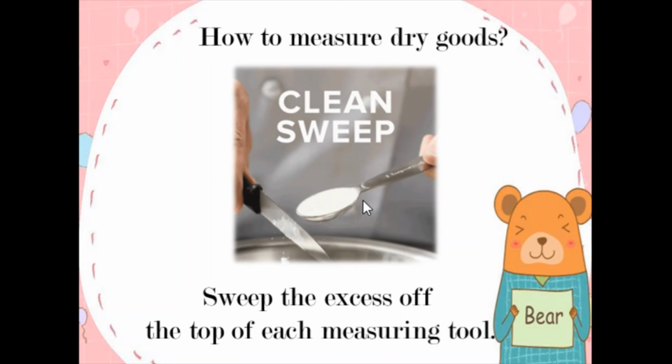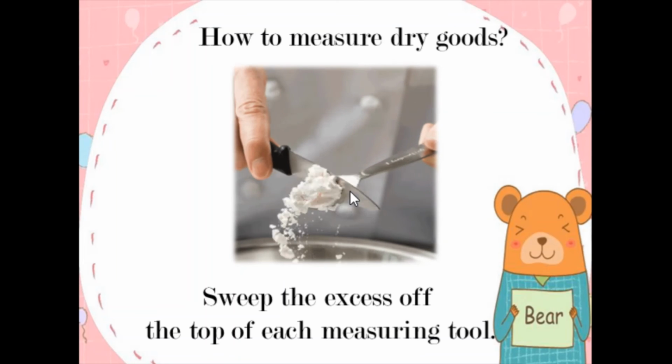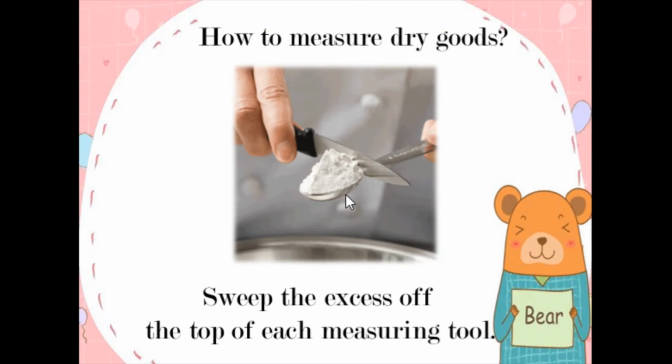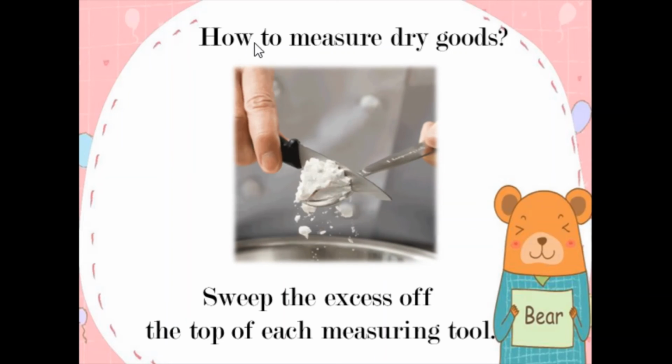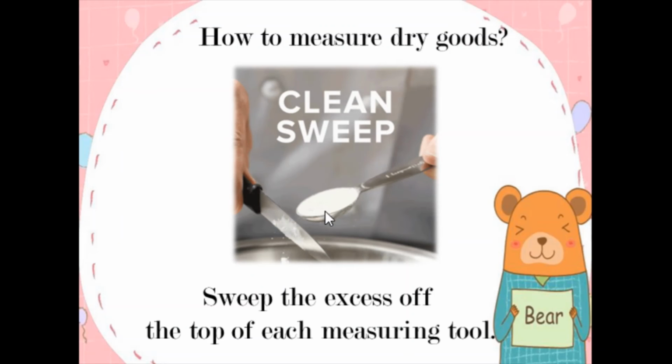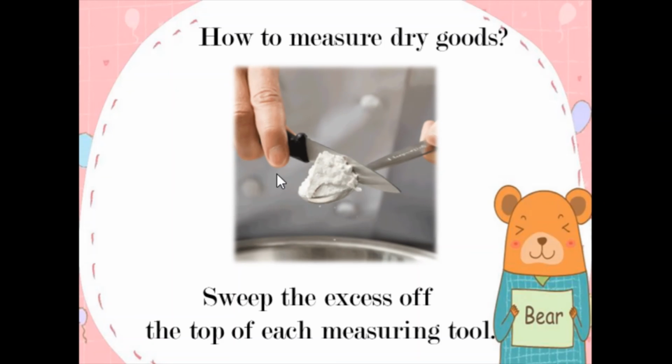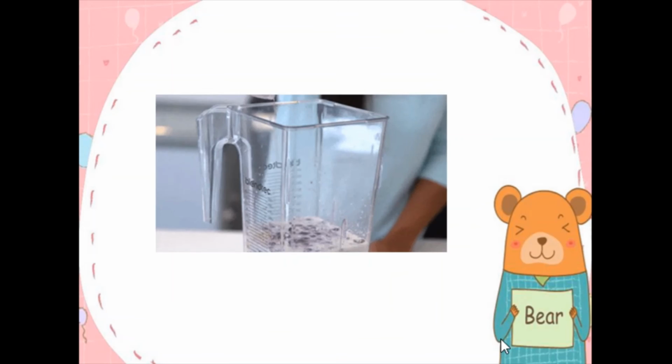Not only in teaspoons or tablespoons, we can also sweep off the excess of dry goods using the bucket, the liter measure, and the measuring cup. Again, when we measure dry goods, you have to sweep the excess off the top of each measuring tool, just like the picture above. That is how you're going to measure dry goods.